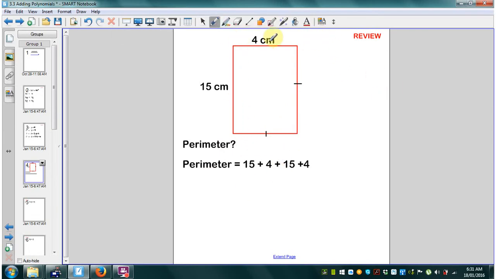Okay, so we just added up all our sides, and then you simply put them together. So 15 plus 4 plus 15 plus 4, well 15 and 15 is 30, 4 and 4 is 8, so this is going to be 38.